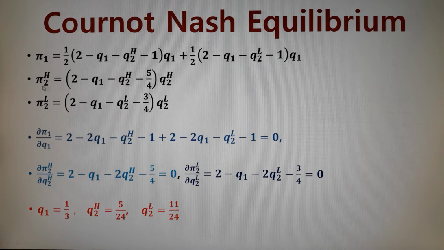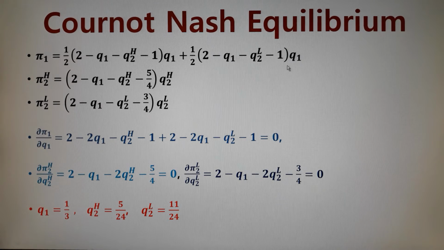That is why this is the profit of the second company when the cost is high. The second part, likewise, this is market price minus 3 over 4, that is marginal cost. This is the net profit per sales, multiplied by the sales of the low cost second company.